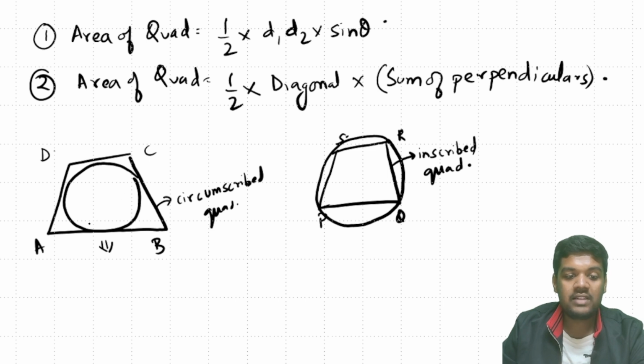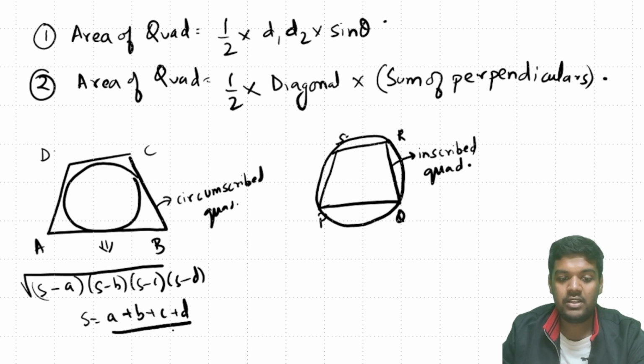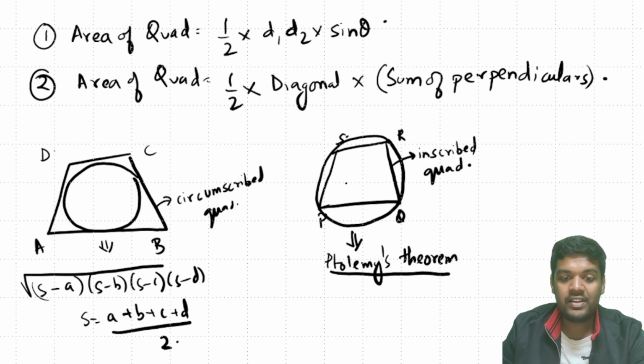So area of a circumscribed quadrilateral is root under S minus A into S minus B into S minus C into S minus D. A, B, C, D are the lengths of the four sides of the quadrilateral, and S is my semi-perimeter, A plus B plus C plus D by 2. Inscribed quadrilateral में एक फॉर्मूला है which is called Ptolemy's theorem. Ptolemy's theorem क्या बोलता है? The product of the diagonals of an inscribed quadrilateral.